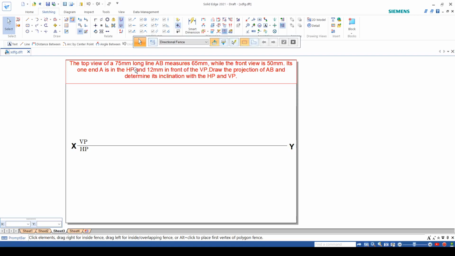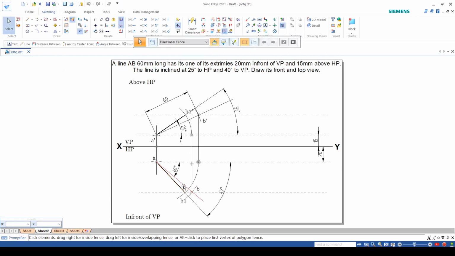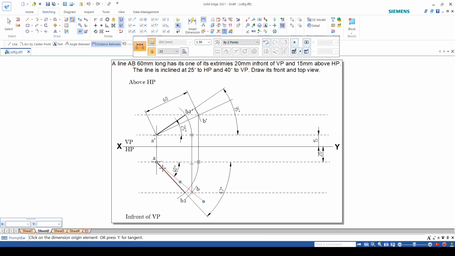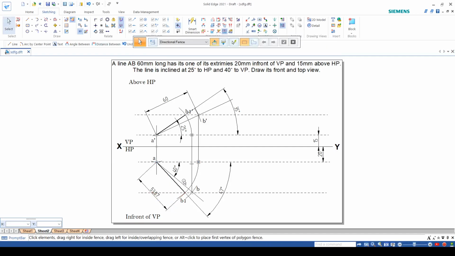So it's said that the line AB is 65 mm long. So it's the true length of the line, and it says that it measures 65 mm. So in the top view, in the HP, it measures 65 mm. If I say here this length is 60, the line AB is 60 mm.